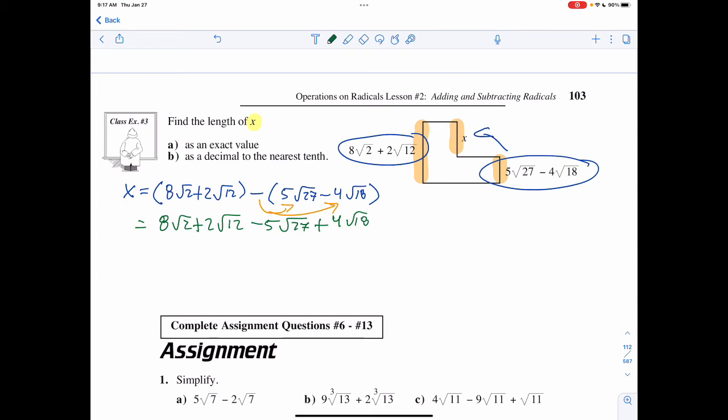I'm going to simplify all these. 8 root 2 plus 2 and 2 root 3 minus 5 and 3 root 3 plus 4 and 3 root 2.